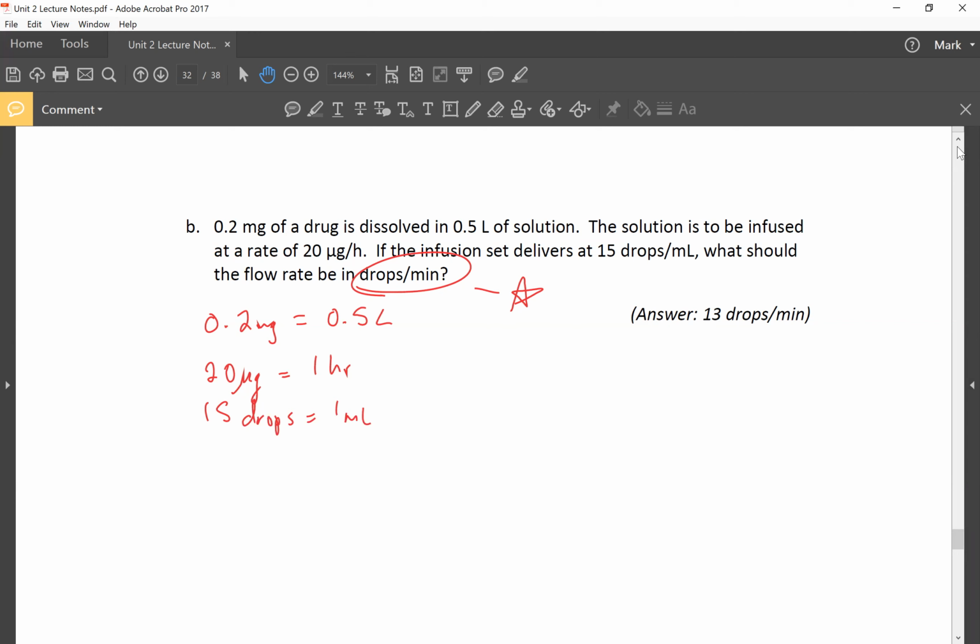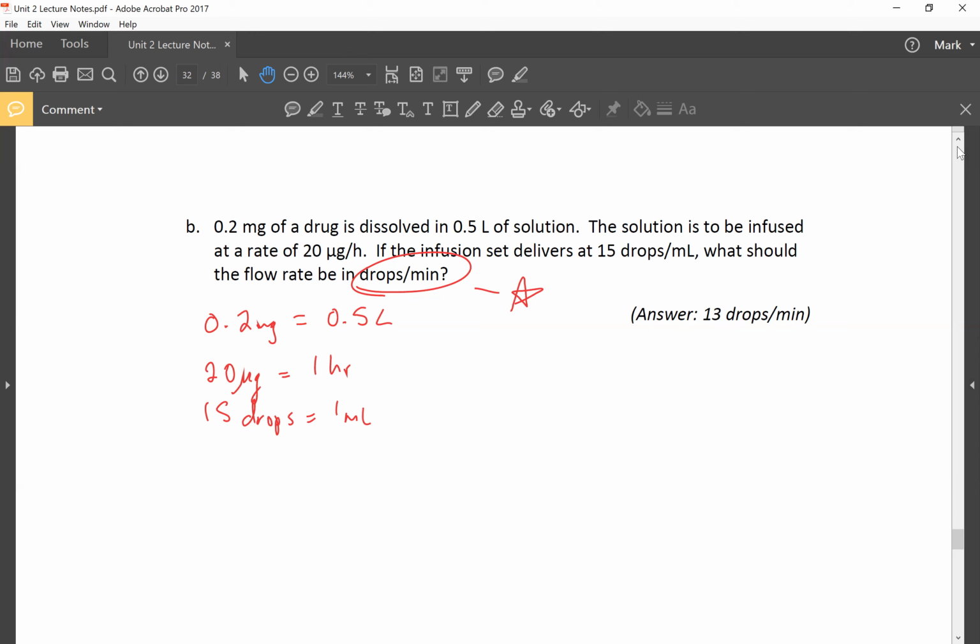However, there's at least one bit of extra work. We need to be able to change the micrograms and milligrams.